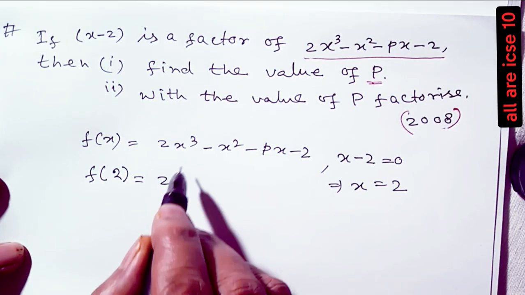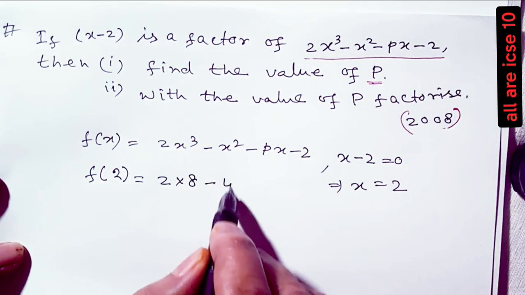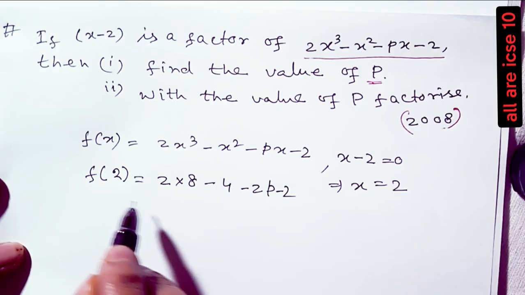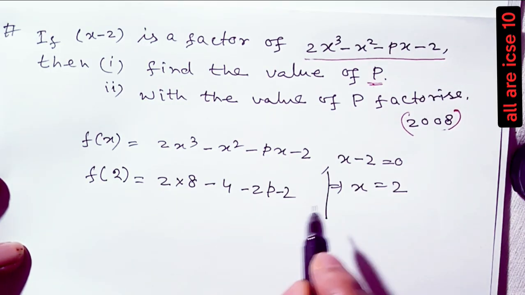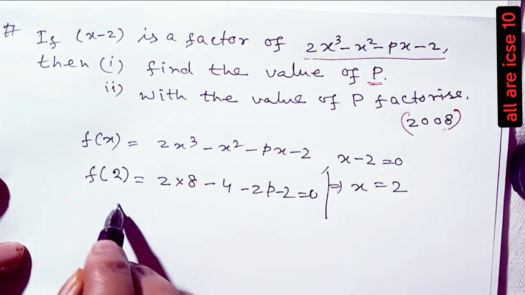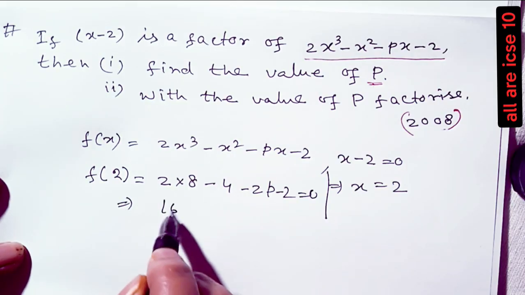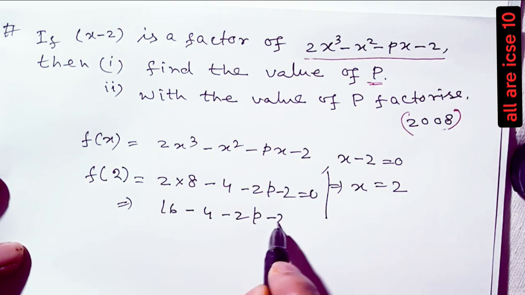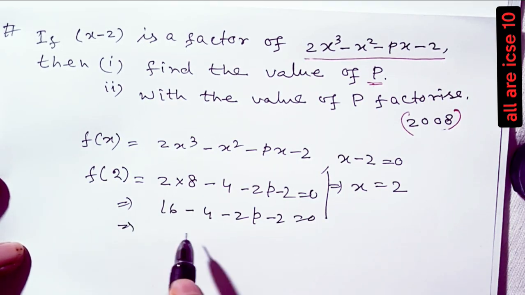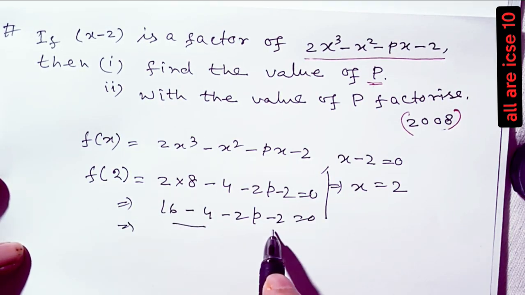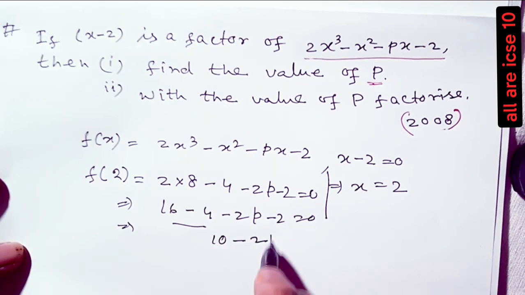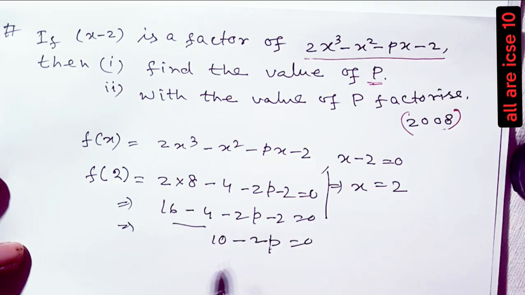So 2 times 8 minus 4 minus 2p minus 2, this will be 0. 16 minus 4 minus 2p minus 2 equal to 0. This is 12, 12 minus 2, 10. 10 minus 2p equal to 0.